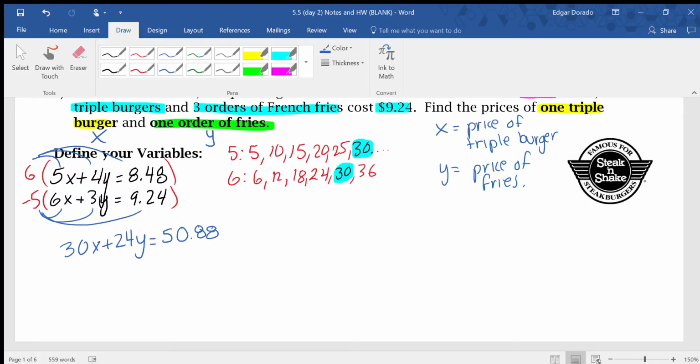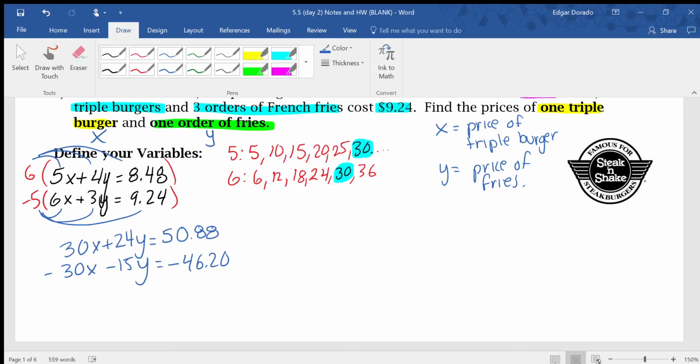All right, now my bottom one is negative 30x minus 15y equals, let's do negative 5 times 9.24, and I got a negative 46.20. If you guys want to go ahead and confirm that for me, but that is the answer that I got as of now. Okay, so let's go ahead and see what we could do with that information.